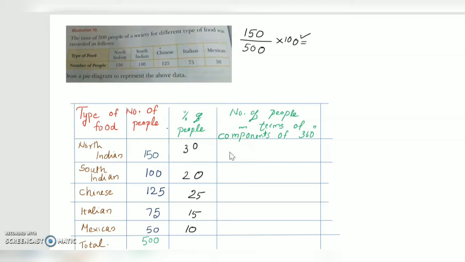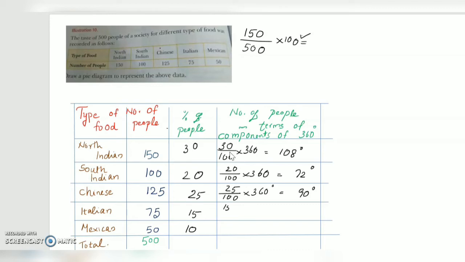Here the number of people in terms of components of 360 degrees. How can we convert? According to that formula, 30% divided by 100 into 360, then you will get 108 degrees. Next is 20 divided by 100 into 360, then you will get 72 degrees. Then 25 divided by 100 into 360 degrees, that is 90.